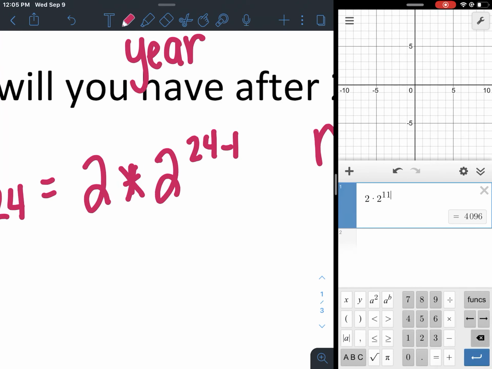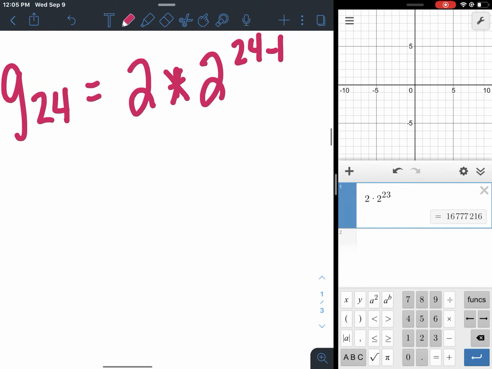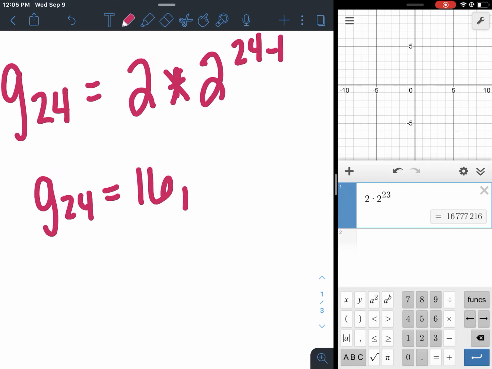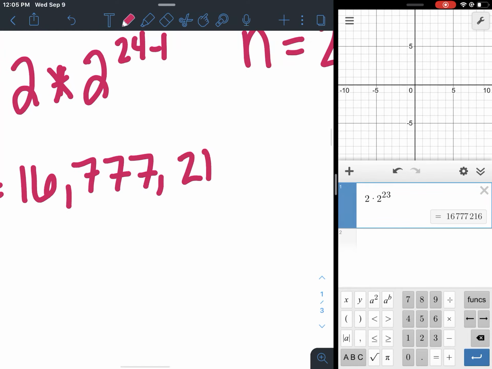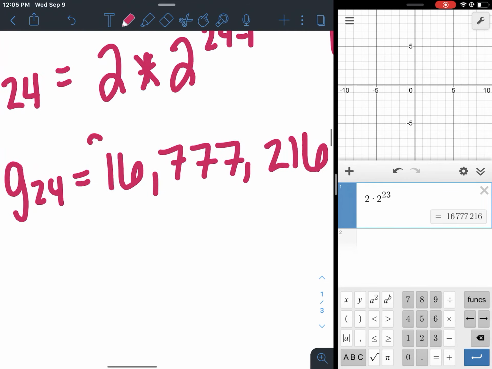I can go right back to my equation, delete out the 11, and plug in 24 minus 1, which is 23. So g sub 24 equals $16,777,216 at the end of 2 years.